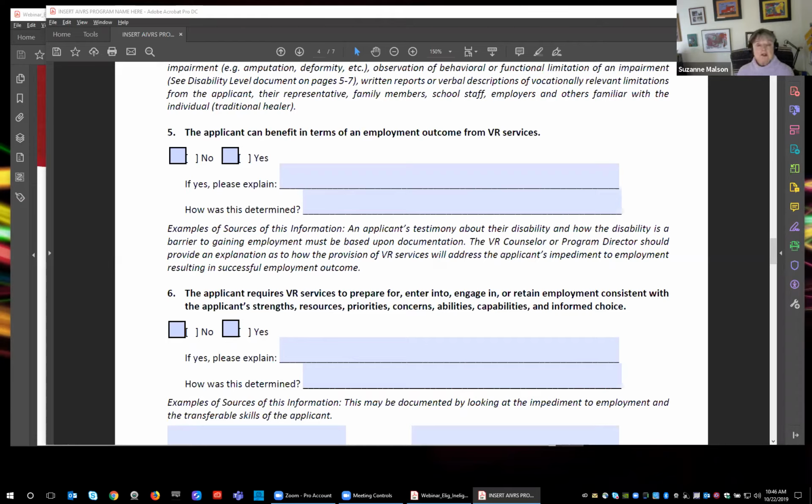Basically, the Americans with Disability Act is not something that is recognized in tribal communities. But do you have a fair, you know, is there some process that you have?